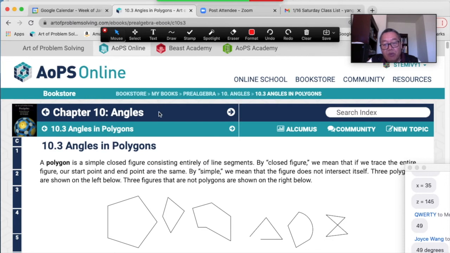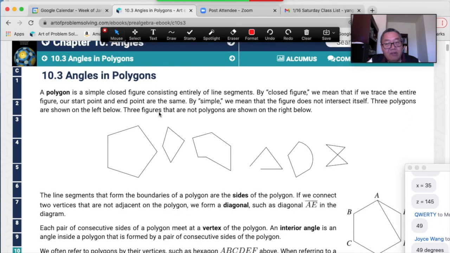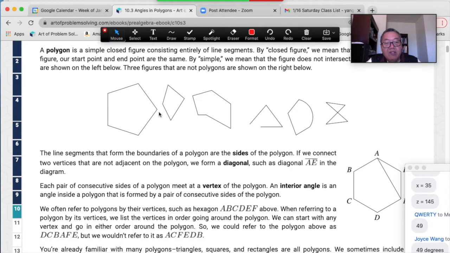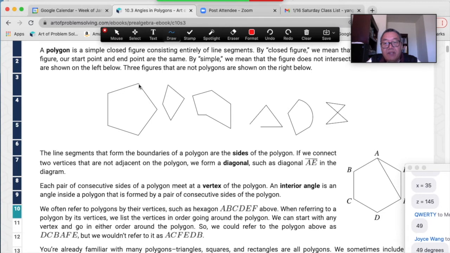So then we consider what are angles in a polygon. You can see here we have these points we call vertices. Okay, so this pentagon has 5 vertices.